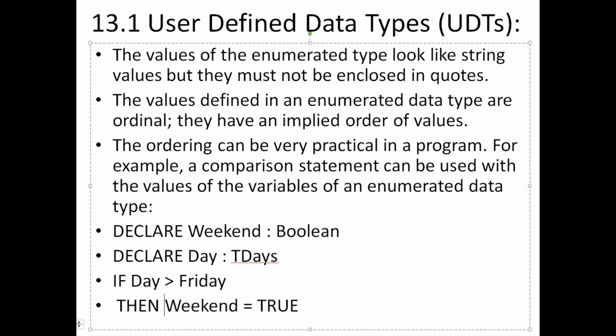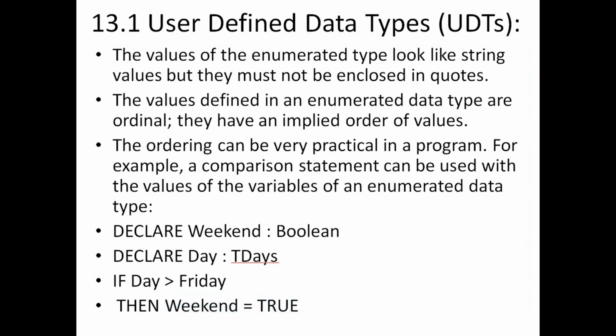This would most likely make more sense to you. Whatever the value of day, if it is greater than Friday, then weekend would be true, otherwise it would be false. This is how you can use the enumerator's ordinal property.